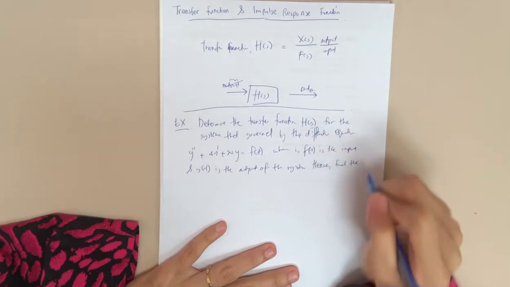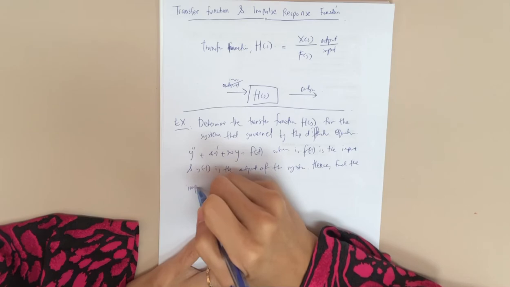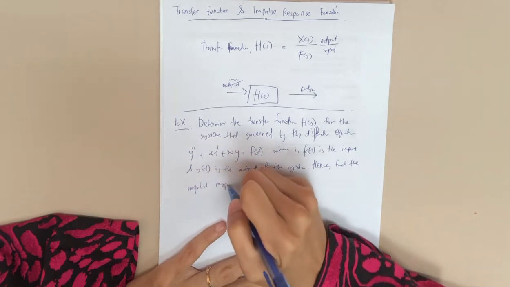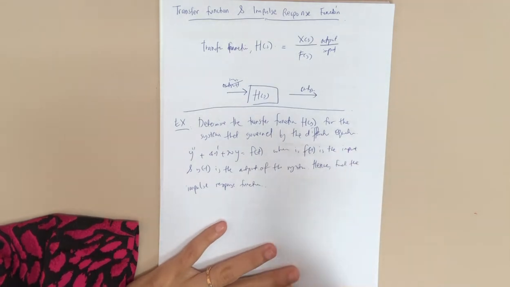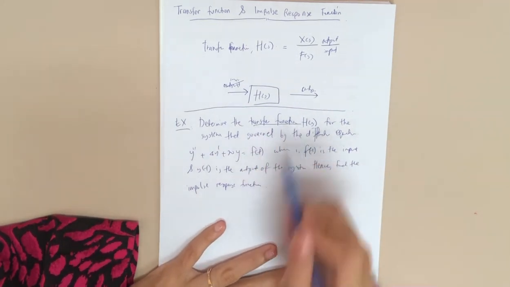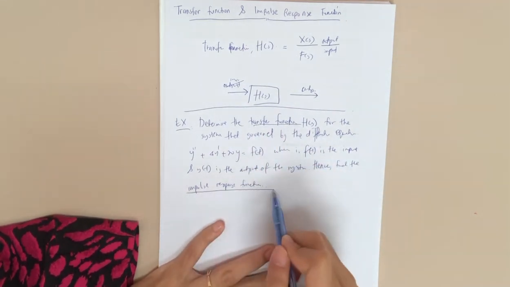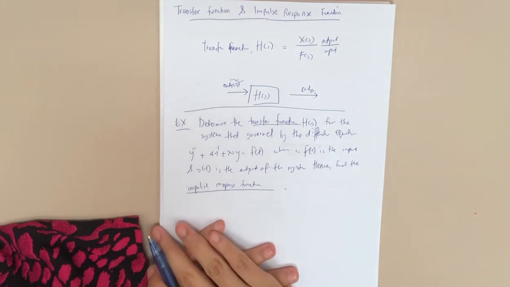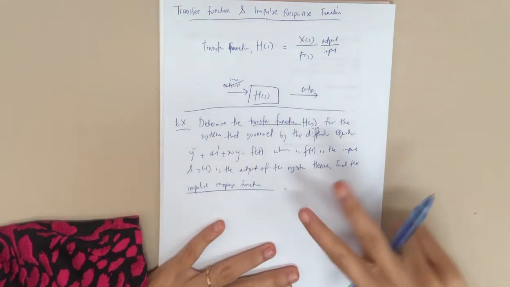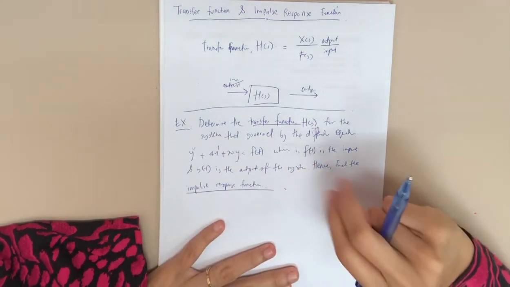Hence, find the impulse response function. So basically, if the question asks you to find the transfer function, they must also ask you to find the impulse response function. So it's a pair, these two will always come together.